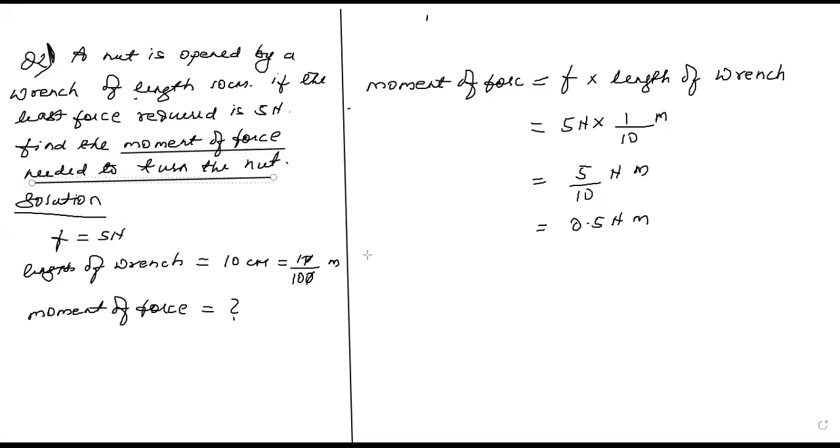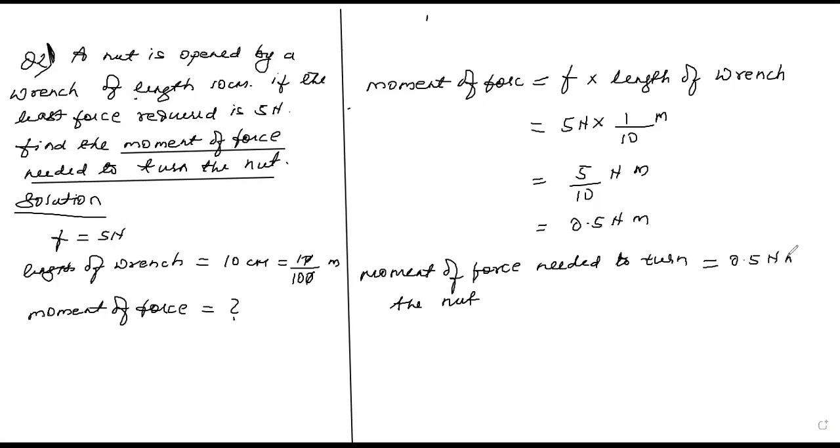So I am going to write: the moment of force needed to turn the nut is equal to, how much will it come, beta? Is equal to 0.5 Newton meter. Got it? So this is your answer.